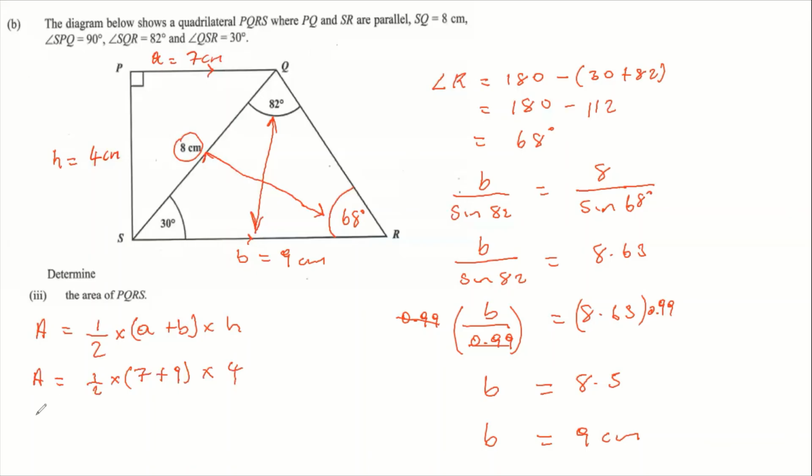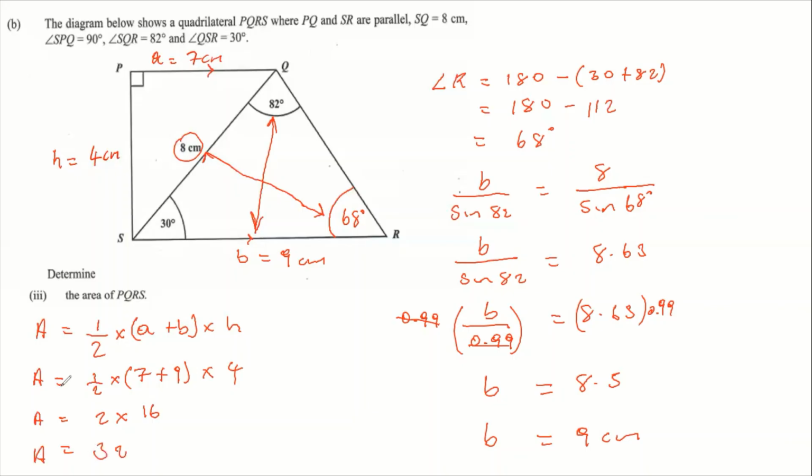And now, quick calculation. What's half of 4? That's just 2. So we're left with 2 times, what's 9 plus 7? That's just going to be 16. And what is 2 times 16? That's just going to leave us with 32.